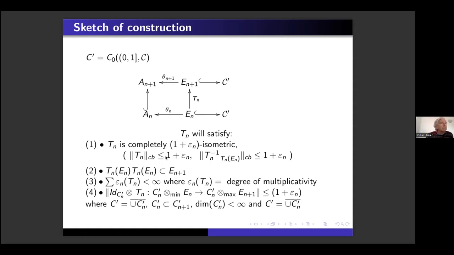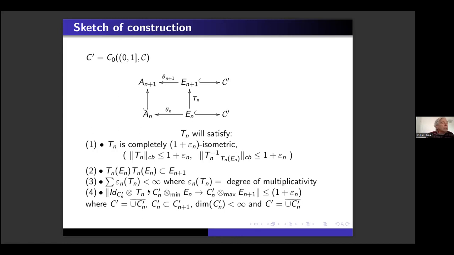But then they need to be 1 plus epsilon isomorphisms. But then we also need, since we are aiming at multiplicativity, to be able to do sufficiently many products. So we need this second condition here.